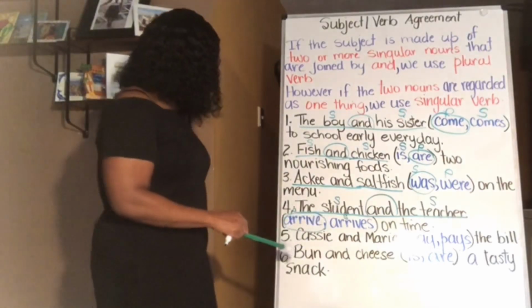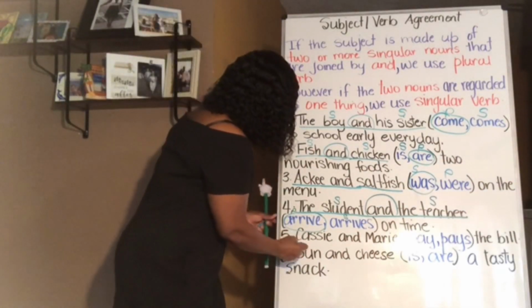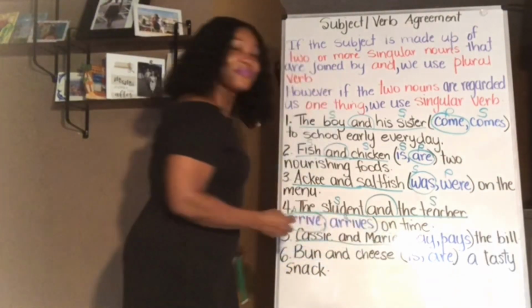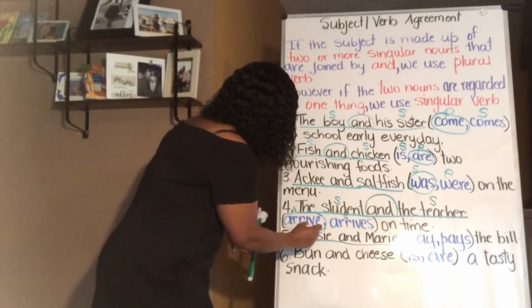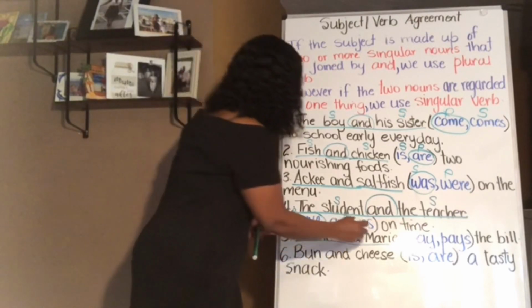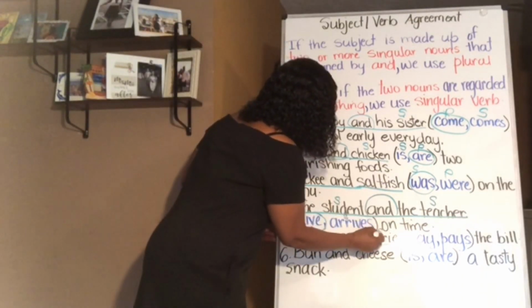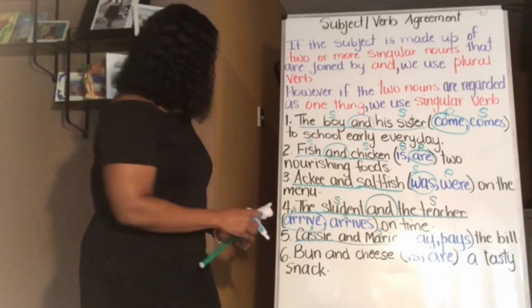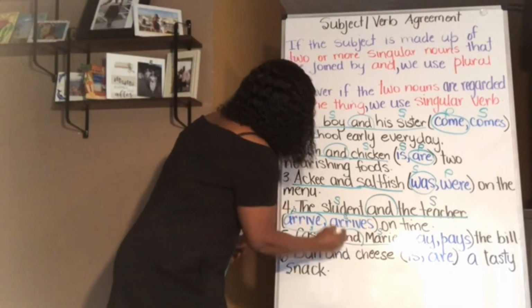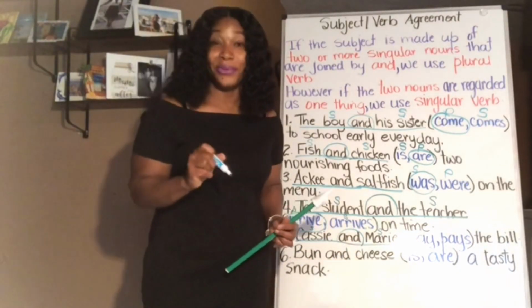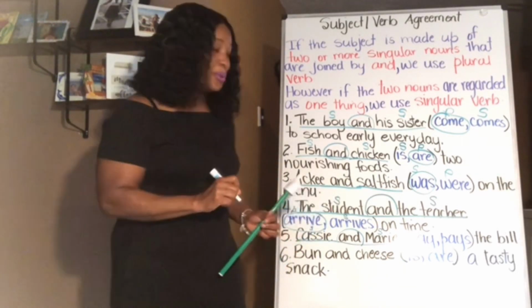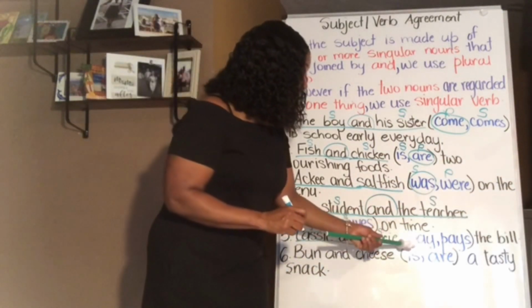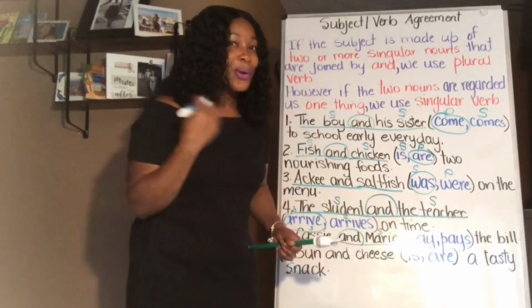Let's go to 5. Cassie and Marie. So Cassie is one person that's singular. Marie is another person that's singular. So they are joined by and. What do we need? Do we need singular verb? Do we need plural verb? Of course we need the plural verb. So pay or pays. What did you write?